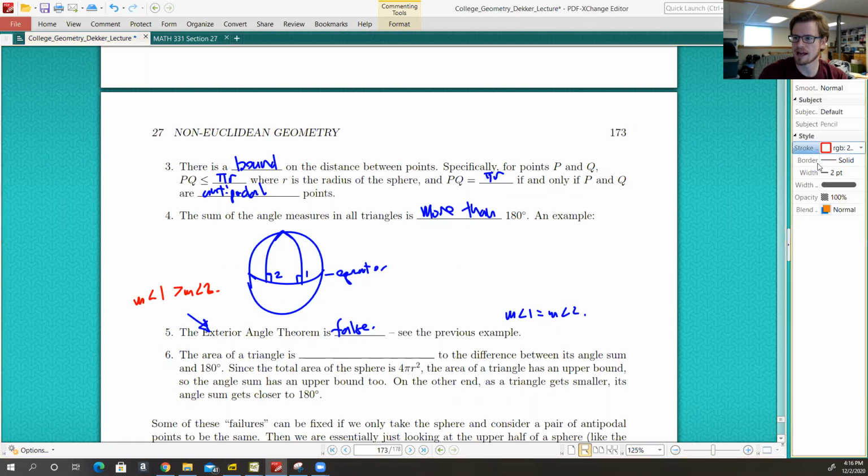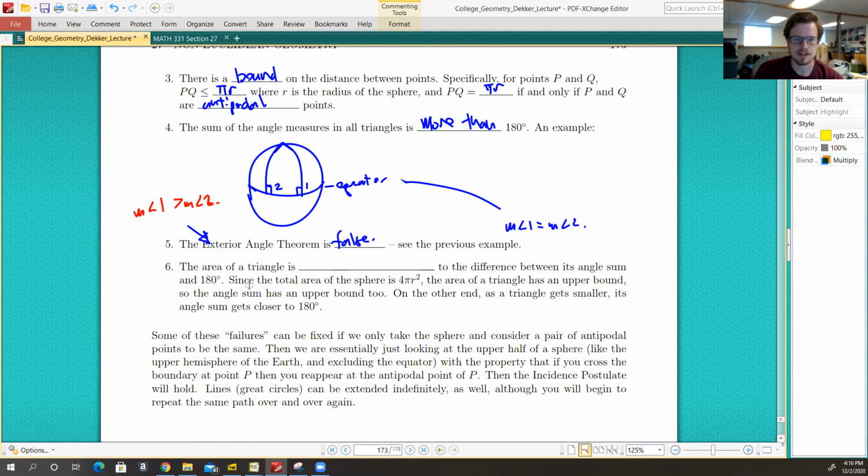But what we have in reality for spherical geometry is that the angles are equal in this particular example. There might be other places where it's in fact greater, and there may not be, but the point is we found a spot where it's equal, so the exterior angle theorem is false.